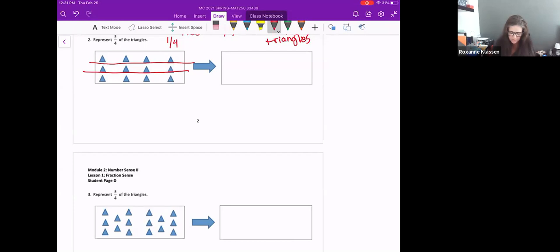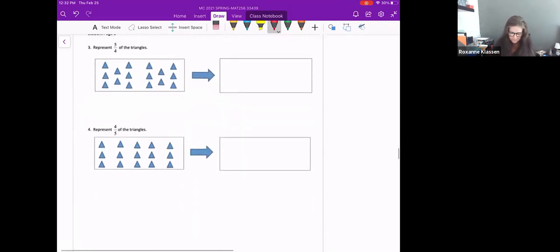If I want 5/4, I'm going to have to add a triangle to each row. Does that make sense? Why I would add a triangle to each row? These still aren't fourths, but if I'm saying groups of size 4, and I want 5/4, I'm going to have to add another triangle. Do you see how I still get the same answer of 15 triangles? All right, it's a little tricky.